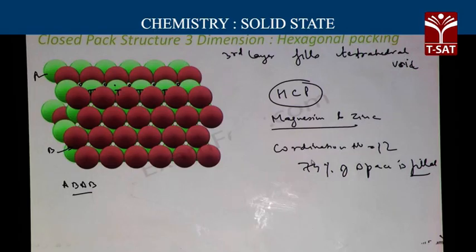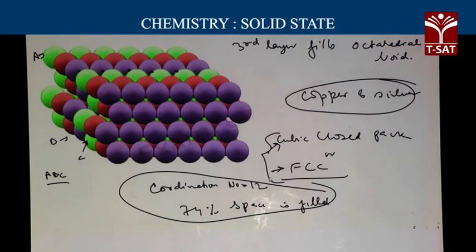In manganese and zinc, this type of crystal is present. The packing is about 74% by space filling. Empty space is only 26%. Void space is 26%. Filling space is 74%. Coordination number is 12.